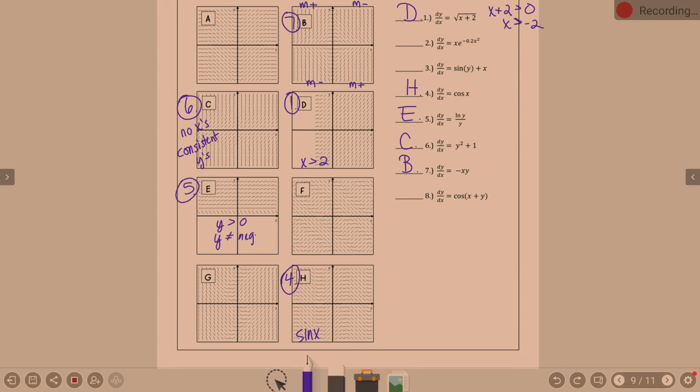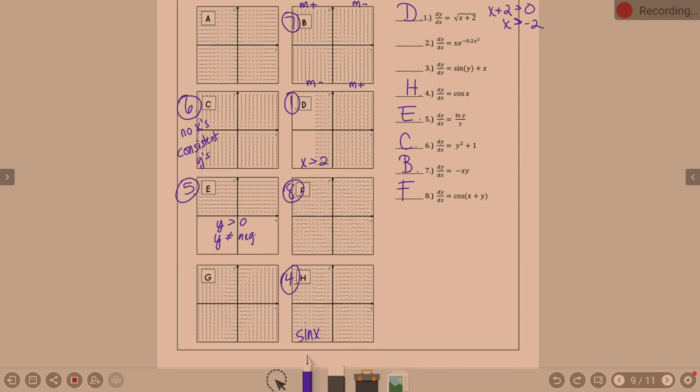I'm trying to remember. Maybe I looked at something along the axes. I don't remember.